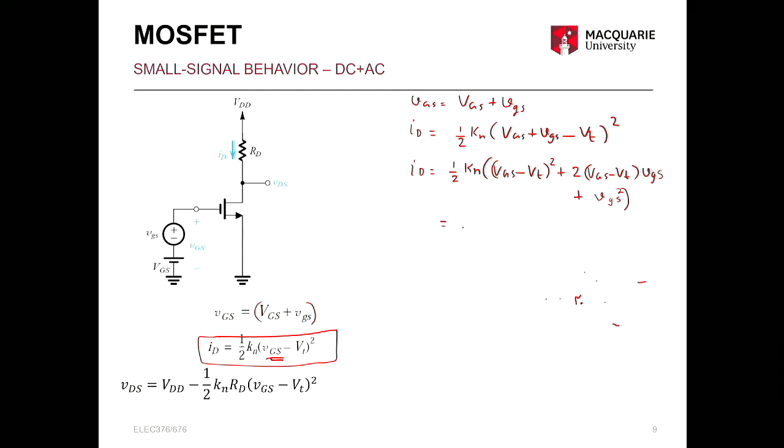So expanding that, you get half Kn (VGS minus VT) the whole square plus Kn (VGS minus VT) times the small vgs plus half Kn vgs square.